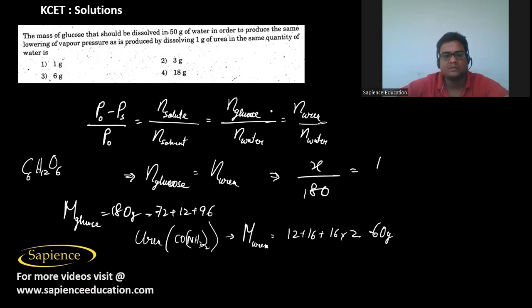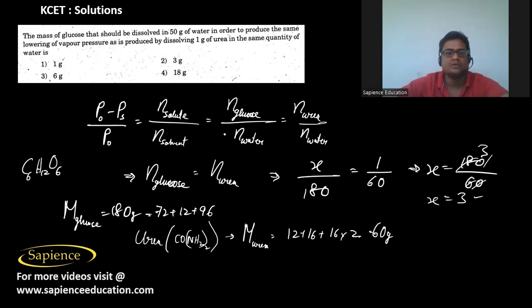So 1 gram of urea has been used. So 1 gram by 60 will give you the number of moles of urea. So therefore x will be equal to 180 by 60. So that is 3 gram. So 3 gram of glucose should be dissolved. So option 2 is the correct answer.